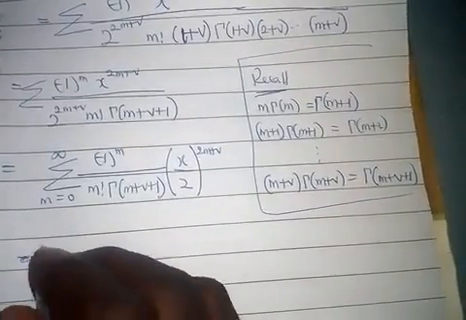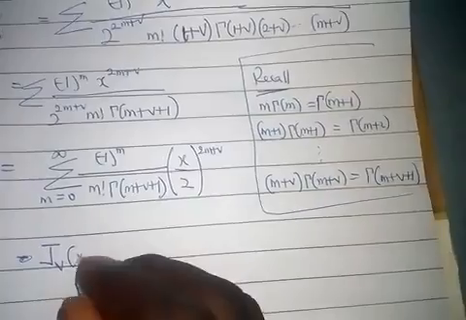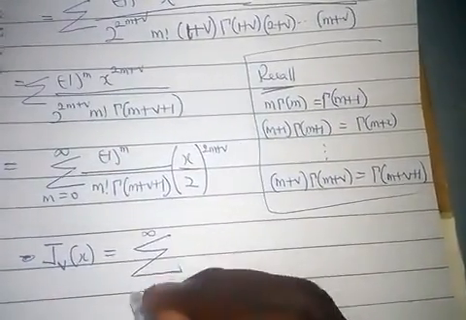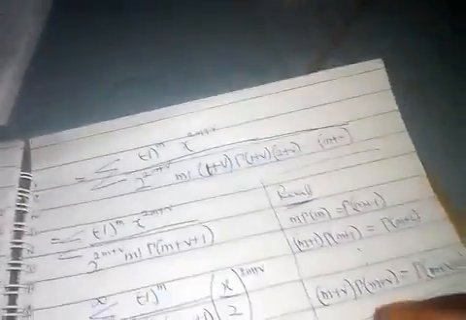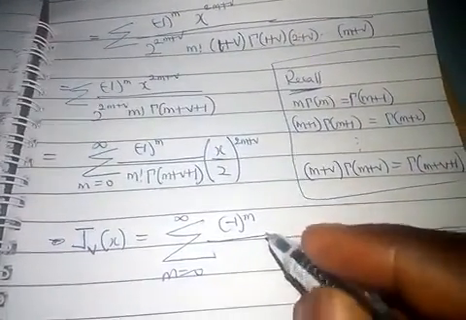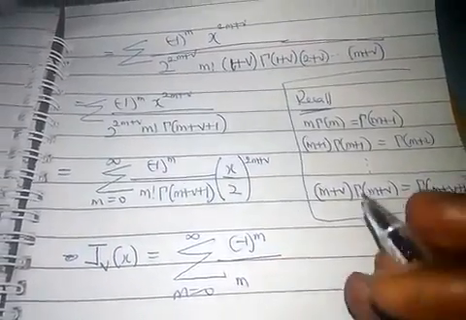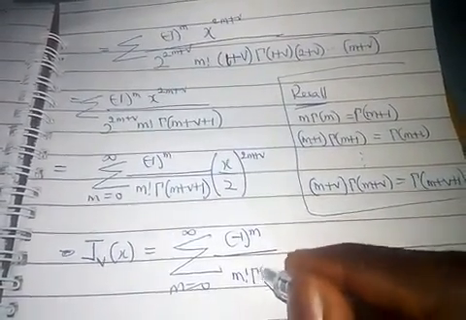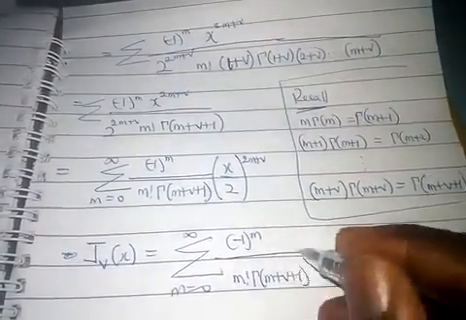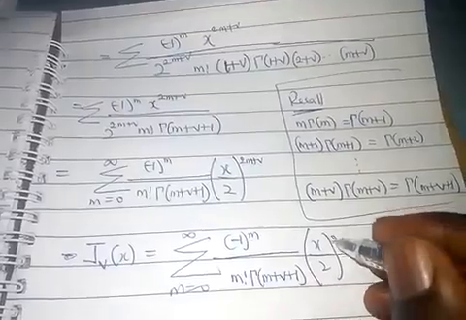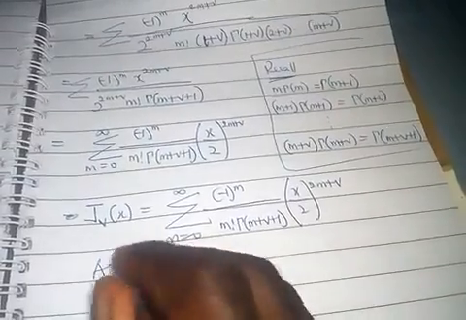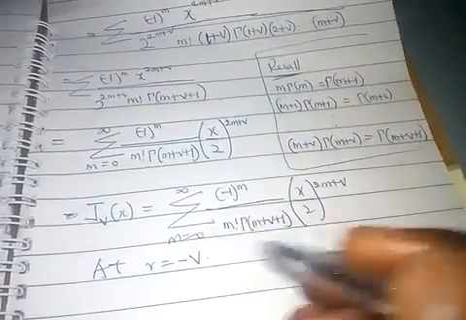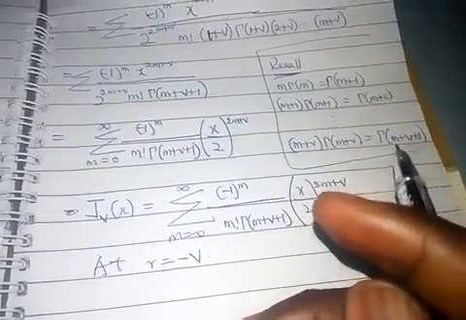So we have J v of x equals summation m equals 0 to infinity, minus 1 to the m all over m factorial gamma m plus v plus 1, x over 2 to the 2m plus v.